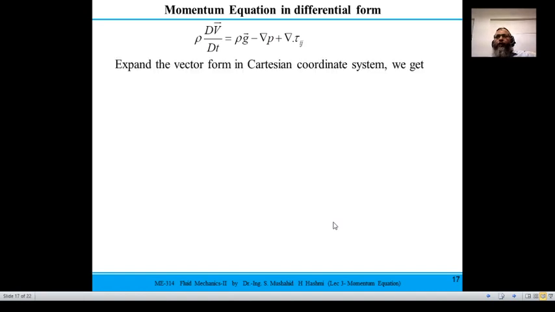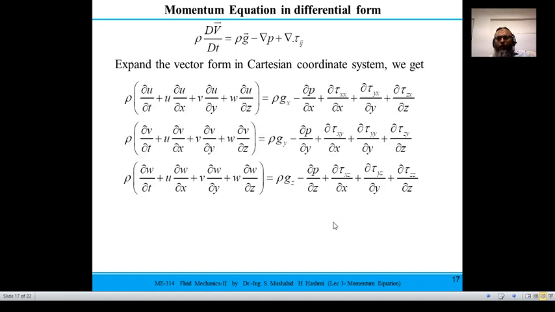This is in a vector form, so what I do now is expand this into the Cartesian coordinate system. As you know, DV by Dt is a material derivative. Since this is in a vector form and it is a momentum equation, the velocity has an x component, represented by u, a y component represented by v, and the velocity in the z direction is represented by w.